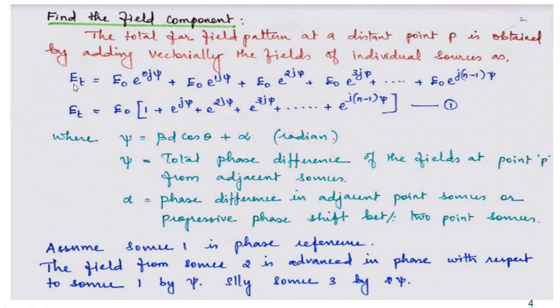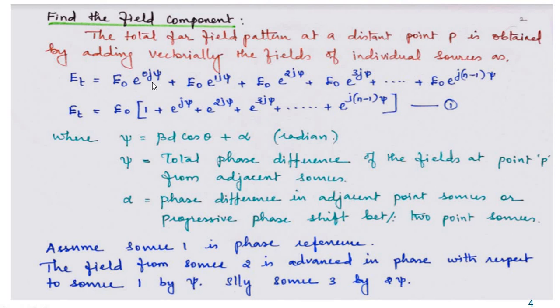The total field component can be measured by taking the summation of the individual field components. So E naught e power 0 j psi; here there is no phase because antenna number 1 is the reference. Then we have E naught e power j psi, E naught e power 2 j psi, 3 j psi, and it goes on. These are the field of antenna 1, field of antenna 2 and field of antenna 3.